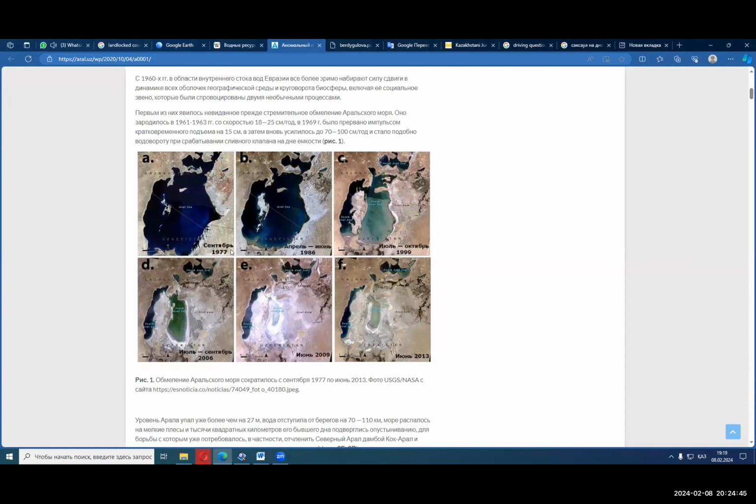For example, this is a sea in 1977. It's a sea in 1986, 99, then in our century. So actually, there is no sea yet, I mean, nowadays. But of course, our government tries to solve this problem.